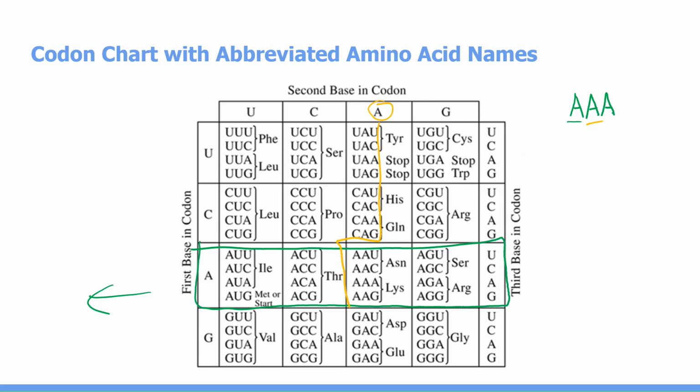And so this is the box that we're going to concentrate on. And finally, we have our last A. So we take a look in the third, far right, third base area, and we circle and move. And it's this line here, A. It is lysine. So the amino acid being called for by AAA is lysine.